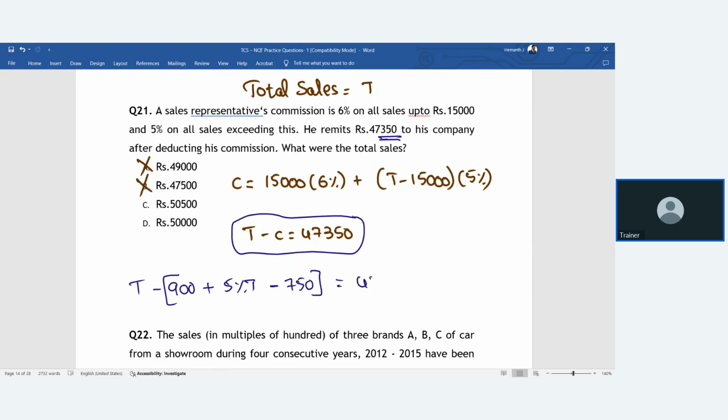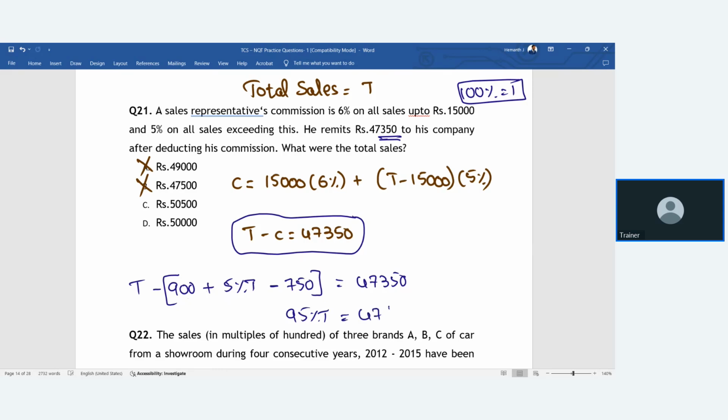This difference is 47,350. Here T minus 5%, 95% will come. T I can write as 100% of T, minus 5% means 95%. This minus 250 will go to that side and will be added as plus 250.